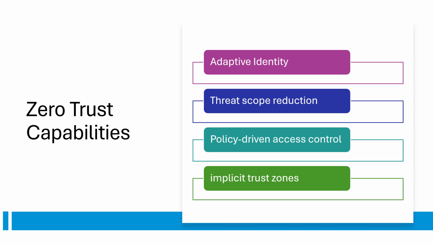Managing these zones effectively is crucial for maintaining security integrity across the network. These components work together to fortify networks against internal and external threats by constantly verifying trust and adjusting access controls dynamically, embodying the zero trust principles of never trust, always verify.